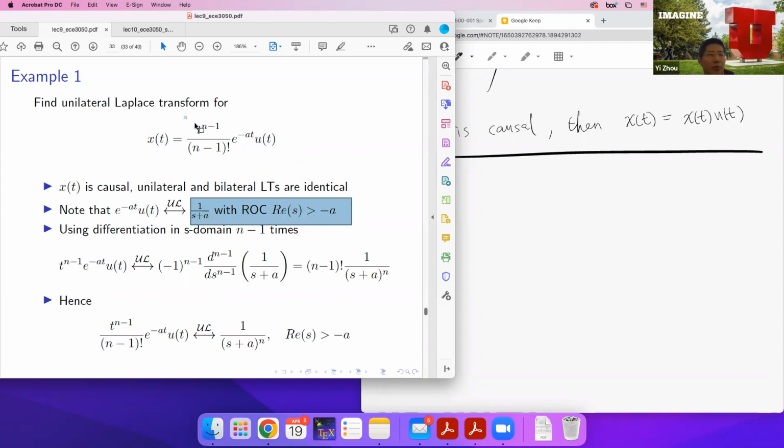And then to introduce this additional factor, we apply the differentiation property in the frequency domain multiple times. And then we can figure out the Laplace transform of this signal takes such a form. And then by combining this with the first observation, the Laplace transform is exactly the unilateral Laplace transform.